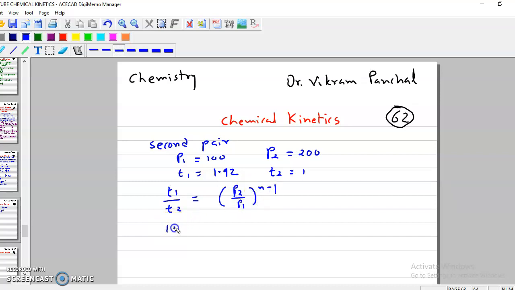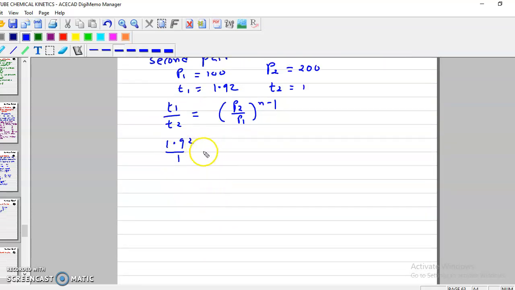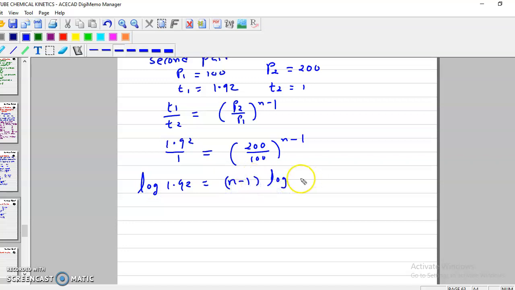So 1.92 upon 1 is equal to 200 upon 100 raised to n minus 1. Therefore log of 1.92 is equal to n minus 1 log of 2. Okay, and here also you will get n. So n would be 1, 2, 3, whatever you have to find out. Okay, so this way we can use the half-life period method to determine order of reaction.